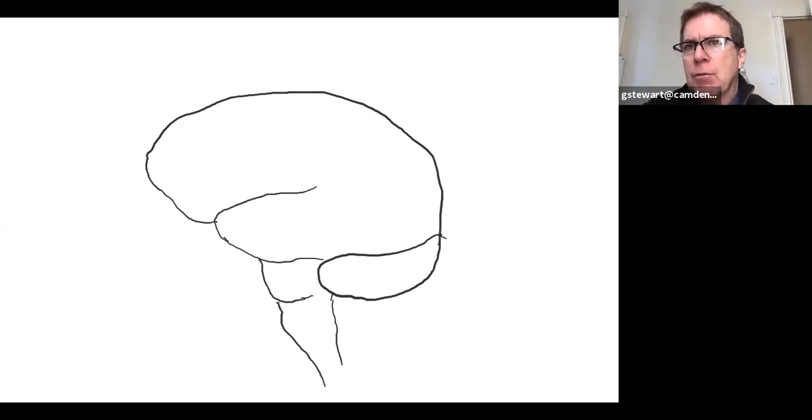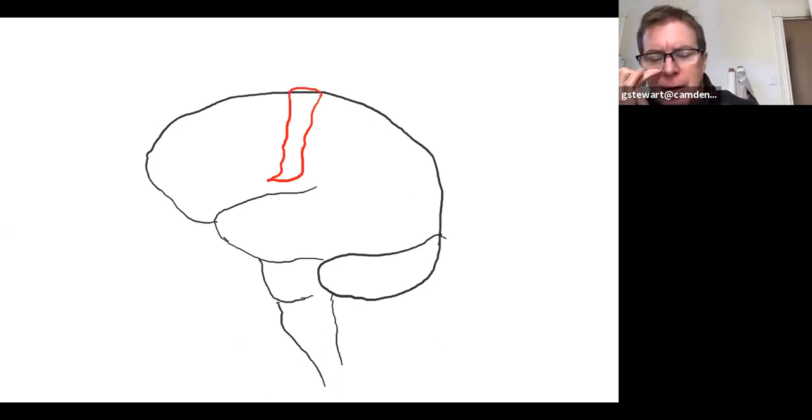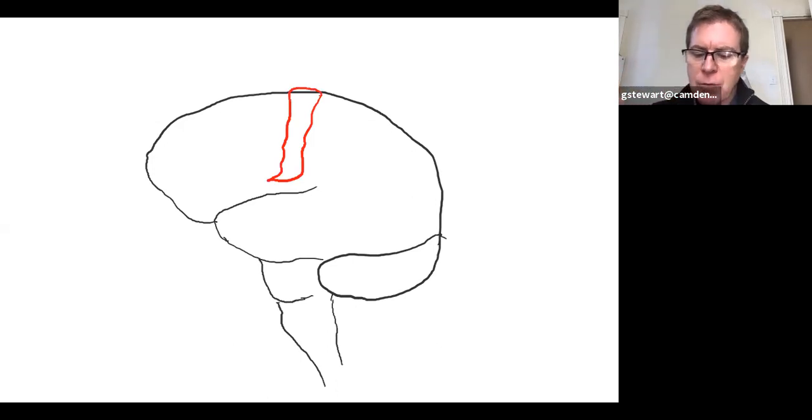The first cortex we're going to identify is called the primary motor cortex. Everything in red in your textbook is part of the motor cortex, the generalized motor cortex. The primary motor cortex, one with a degree next to it, means primary.